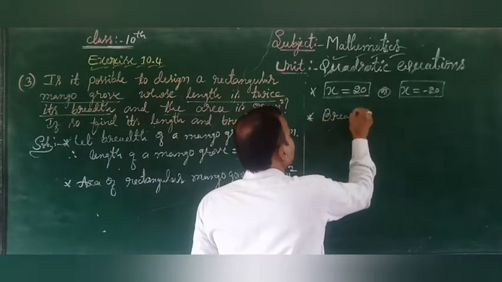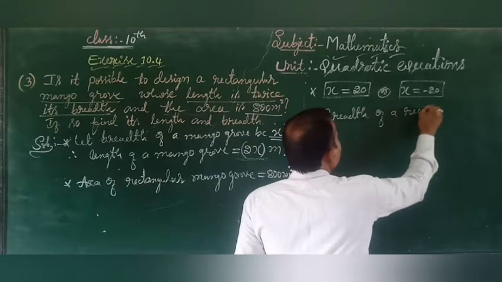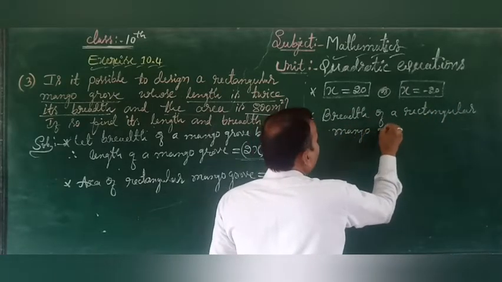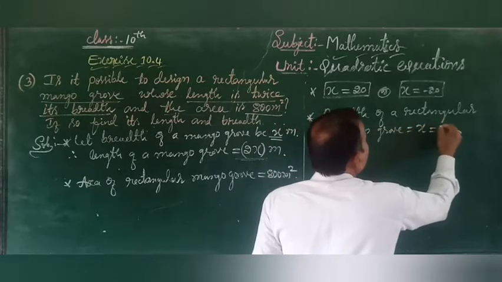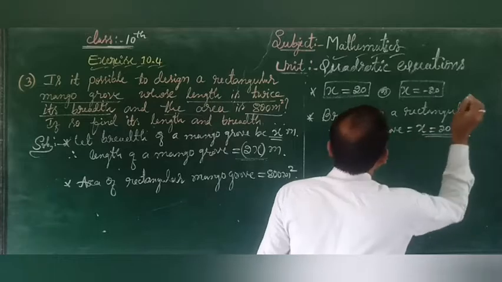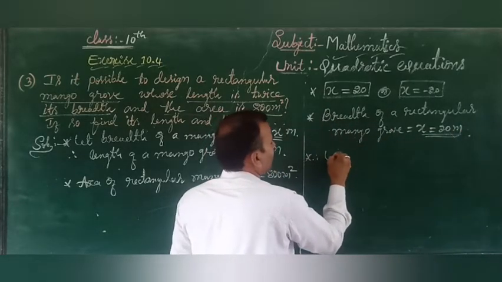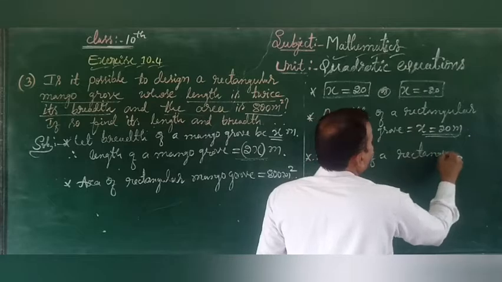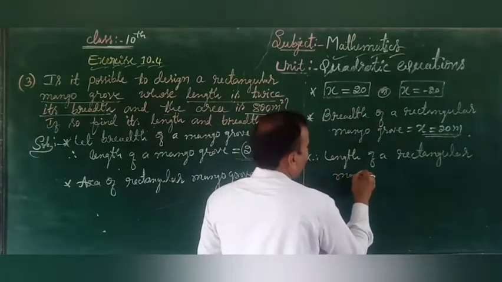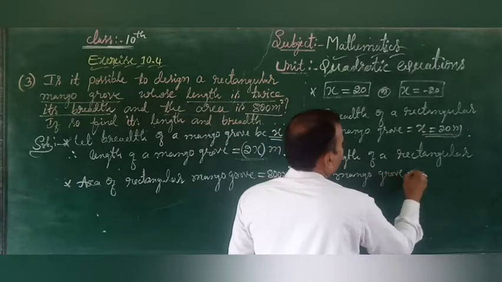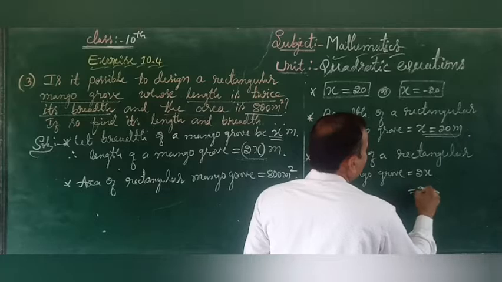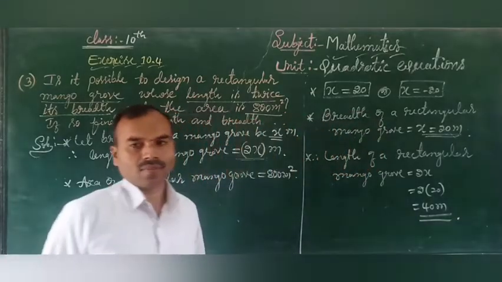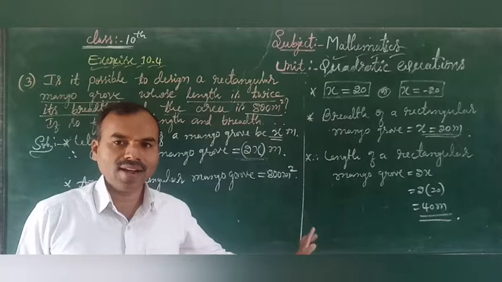Therefore, breadth of a rectangular mango grove equals x equals 20 meters, and length of a rectangular mango grove equals 2x equals 2 into 20 equals 40 meters.